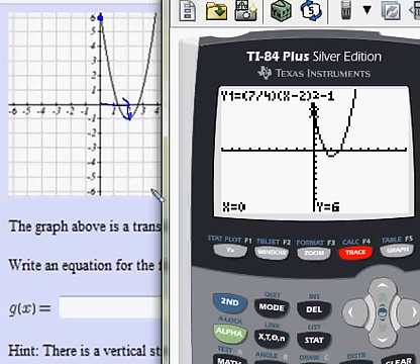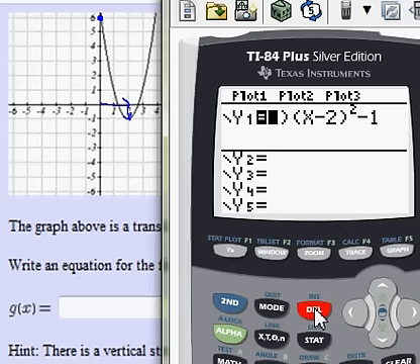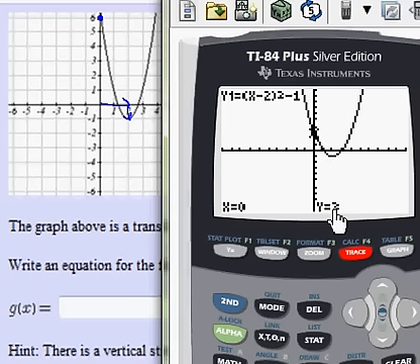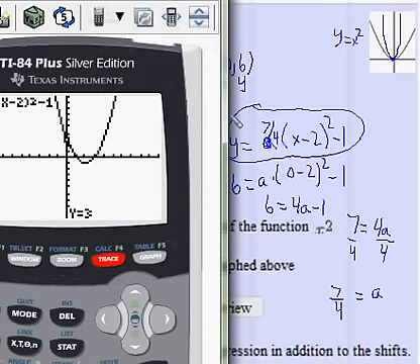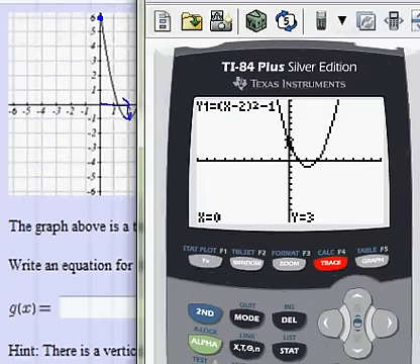So it's interesting to note that if I would not have put the 7/4 in here, what you'd have gotten is a parabola that got shifted to the right 2 and down 1 like normal, but notice it would go through 0, 3 rather than 0, 6. So that stretching factor of 7/4 was necessary to get the parabola to be skinnier, so that it would go through 0, 6 rather than 0, 3.